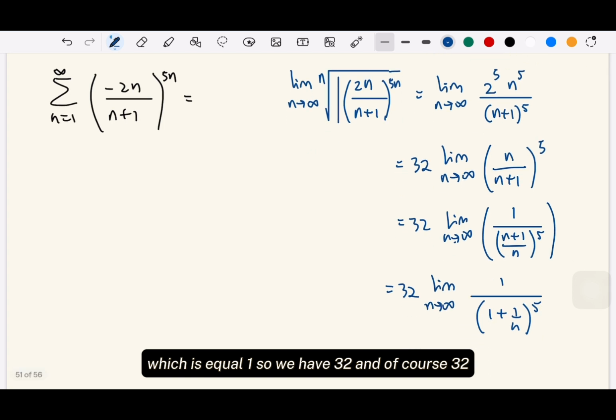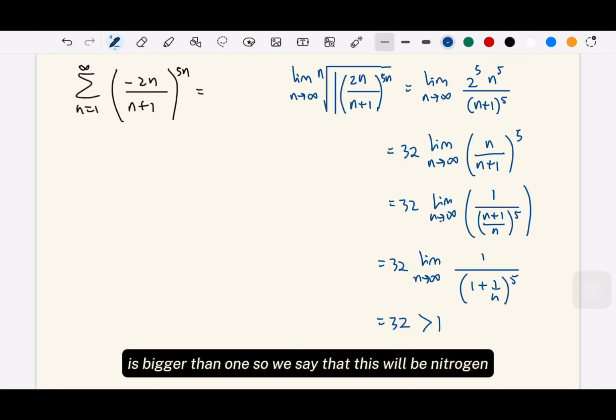So we have 32. And of course 32 is bigger than 1, so we say that this is divergent.